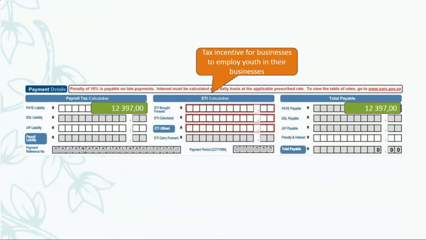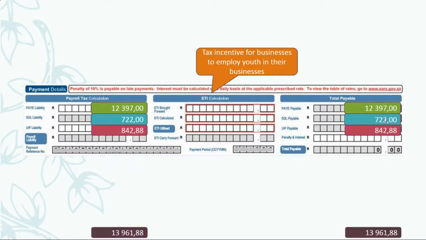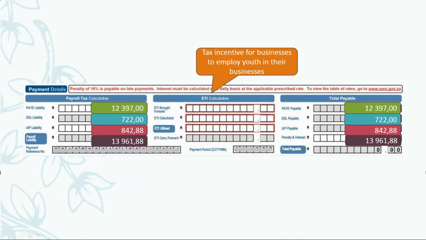So I've just extracted the relevant information. In your pay as you earn liability, you would include the 12,000. Because we do not have an ETI deduction, the full amount will be payable. Then your SDL would be 722 and the same with the UIF, which means your total payable would be 13,961.88, and that's your payroll liability.